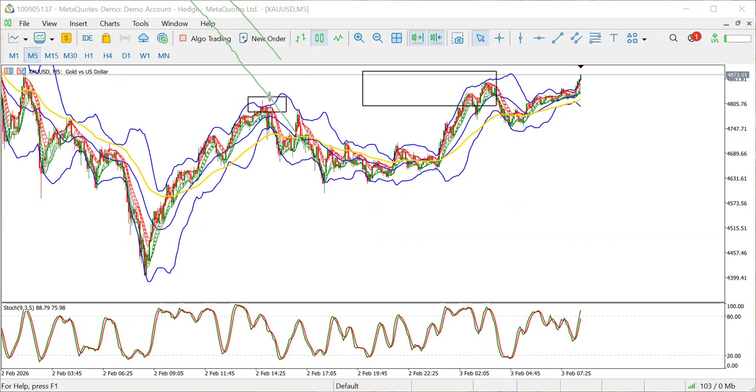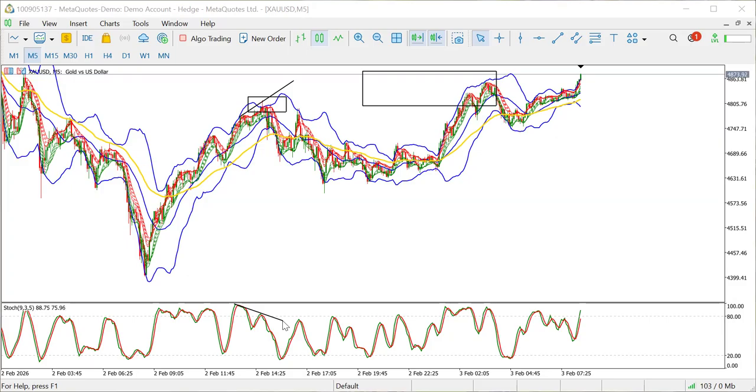Idris, you don't need to draw lines on charts. So this is how we confirm it on second time frame or third time frame. We are making confirmation through stochastic, and we are getting good results.